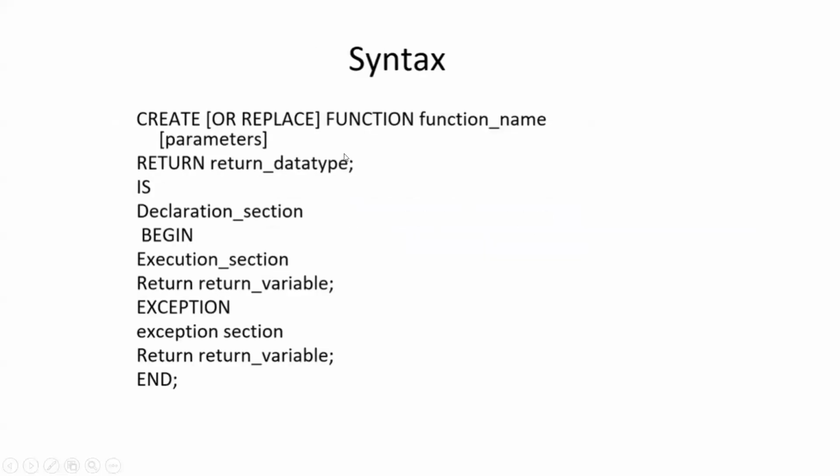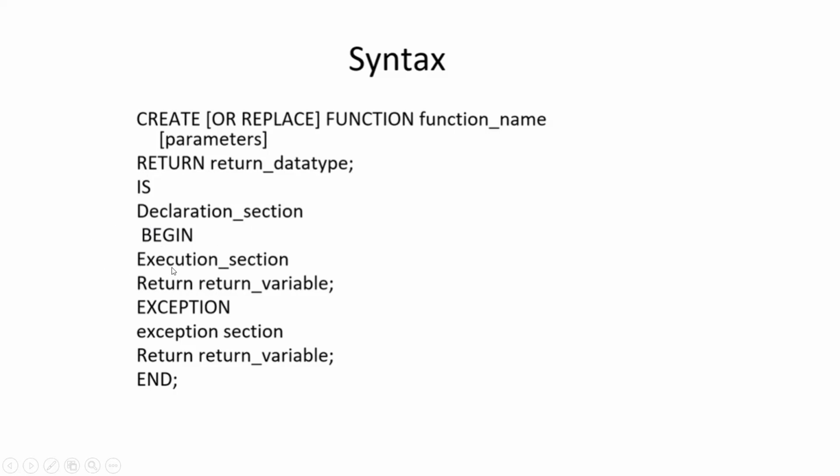This is the syntax for a function. Where we used procedure name, here we use function. Create or replace function name, then the parameter list, then it must return. See, before IS, the return data type is mentioned. Then the declaration section, then the execution section, then return.